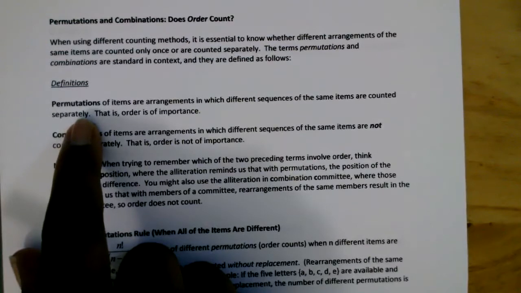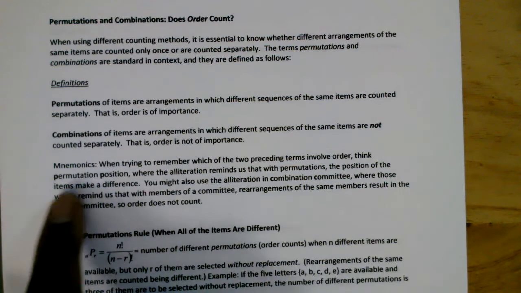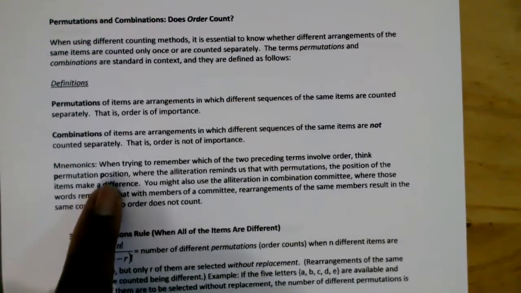On the other hand, combinations are arrangements in which different sequences of the same items are not counted separately. In other words, the order is not going to be of importance when you're dealing with combinations. And you might want to think of something like this: permutation, position.